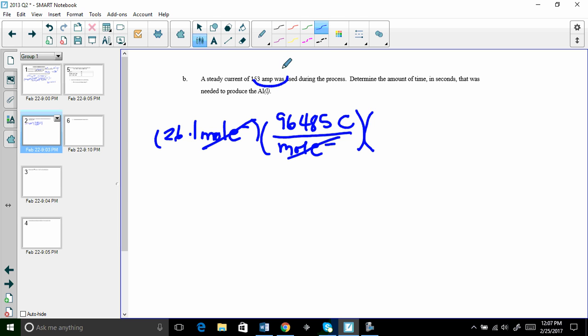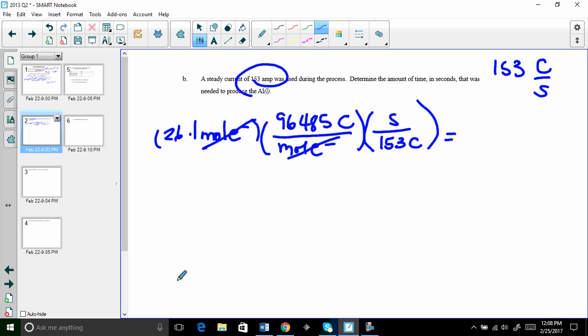And then 153 amps is 153 coulombs per second, because an amp is a measure of current, and current is charge per unit of time. And so the 153 coulombs would go here and the seconds would go here. And then it says determine the amount of time. I didn't round here.